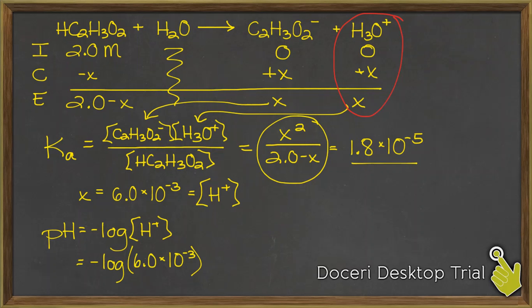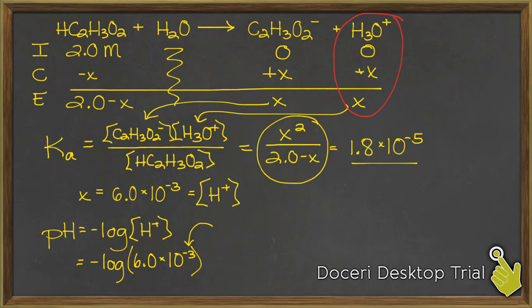Okay, and I know this is a free response question and you could use your calculator, but guys, let's practice those estimating skills. Remember, when you take the negative log of something in scientific notation, your answer is going to be relatively close to that exponent. If this value for H+ was exactly 1.0 times 10 to the negative third, taking the negative log would give me a pH of exactly 3.